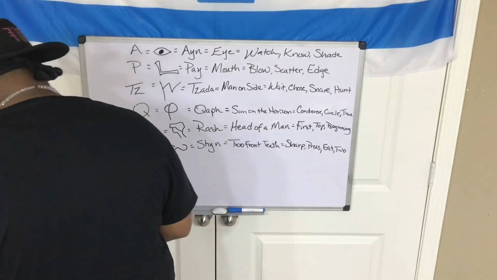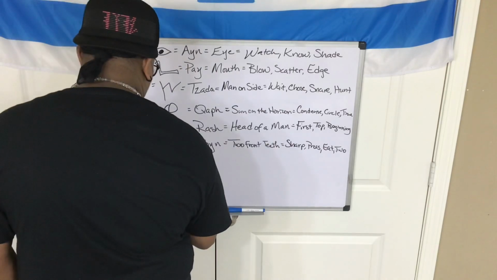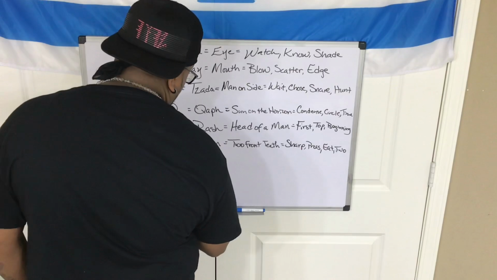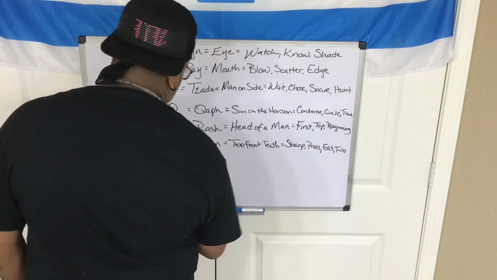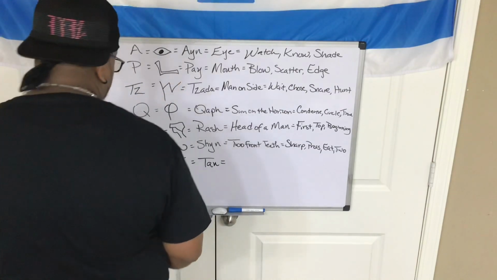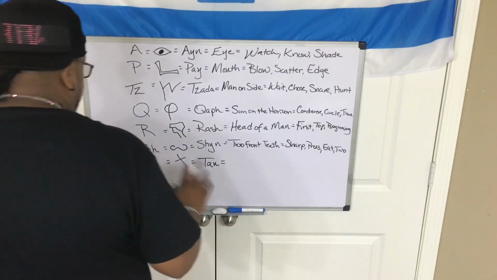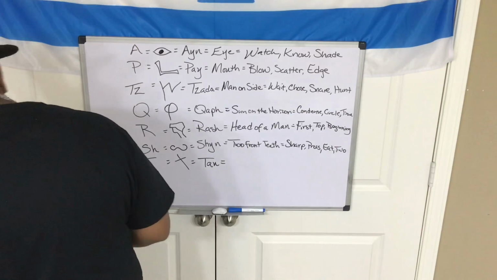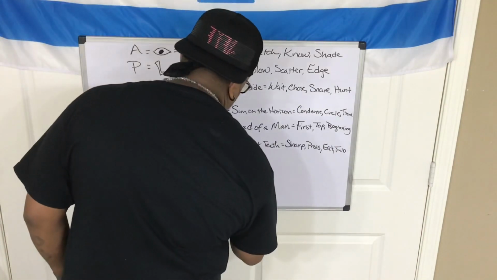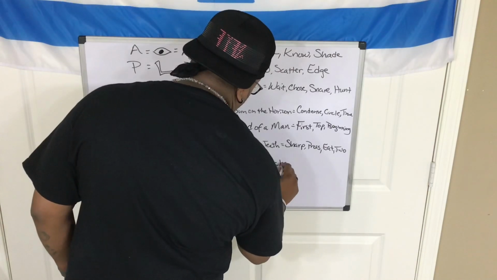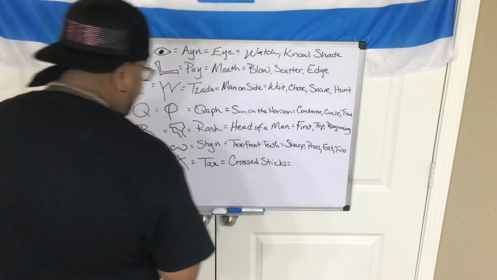The last one, YAHUAH YAHUSHA for this one. Sign of the covenant. The Tav. It is a T. Some people put a TH, but it is a T. It's cross sticks. Not the pagan cross, but cross sticks.